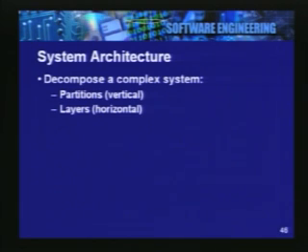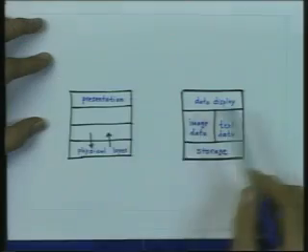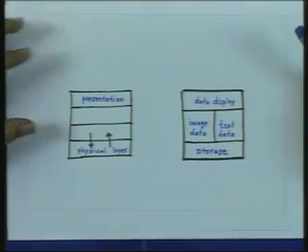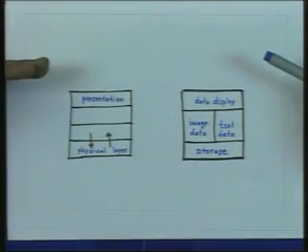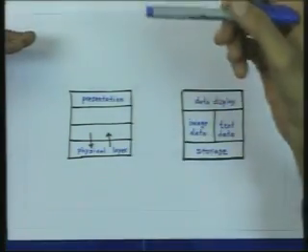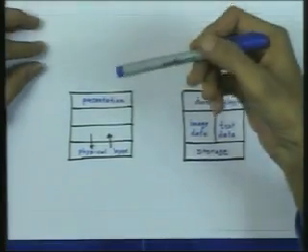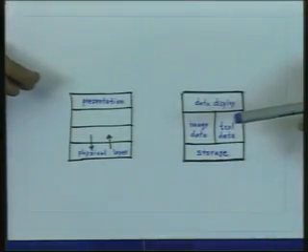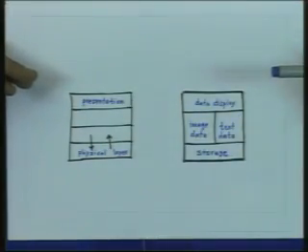As you see here, the overall software represented by a boundary as a rectangle consists of layers in this case, and these layers have different functions, and they pass messages or they make calls on features provided by a lower level in order to carry out their tasks.